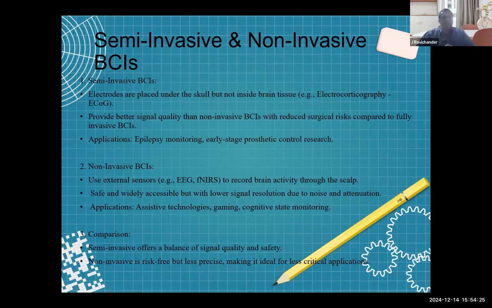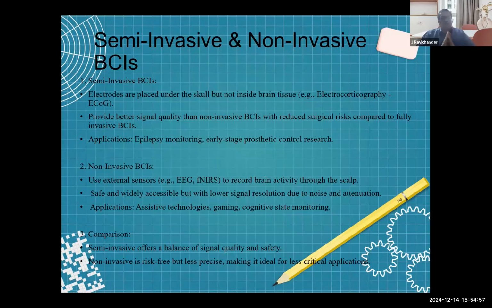Why? Because we are implanting the electrodes, but we are not going for any major surgery. Applications: epilepsy monitoring and early stage prosthetic control research. In those applications, we use semi-invasive BCI devices.